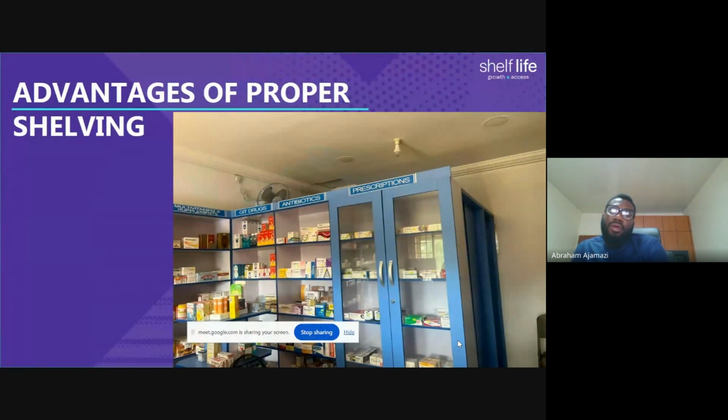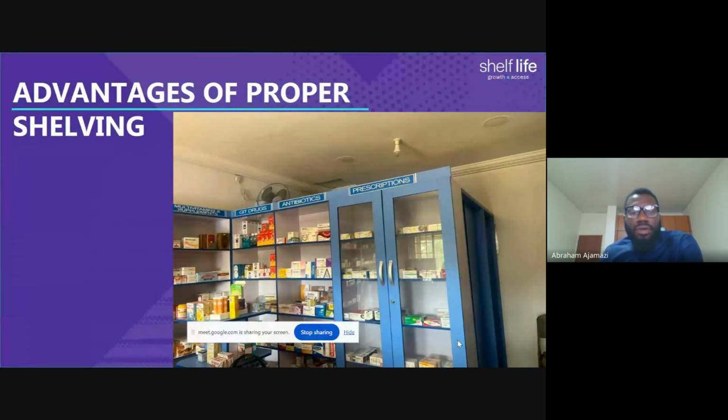Now, walking into a store and seeing the shelves well arranged like this, first and foremost, it gives you that confidence that, number one, these people know what they are doing. It also gives you increasing confidence that the solution that you came looking for will be long lasting, and it also reduces that perception of errors in drug dispensation.